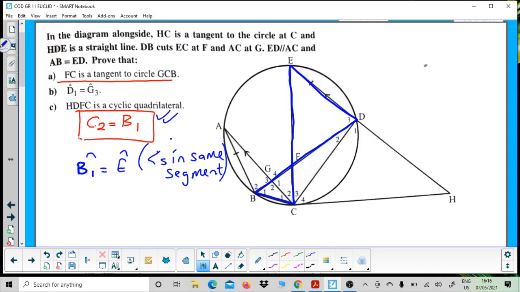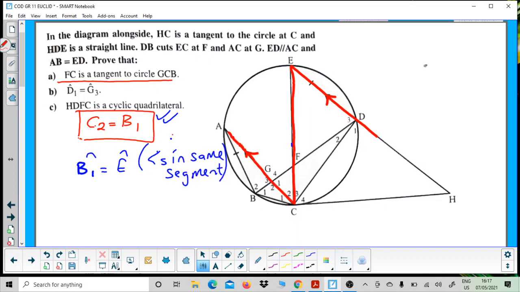Okay. But after that, I'm going to remove the angles in same segment since you can see them now. Let's see something else. I want you to now focus your attention on these parallel lines. This is parallel to that one. And if I put this line here, how many of you are seeing the Z that I wanted you to see?